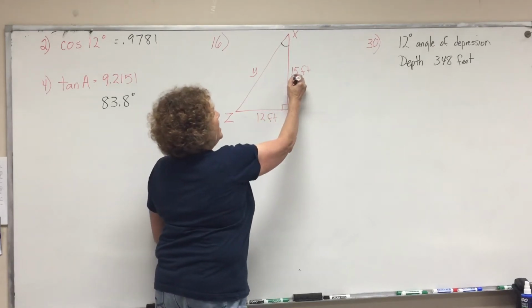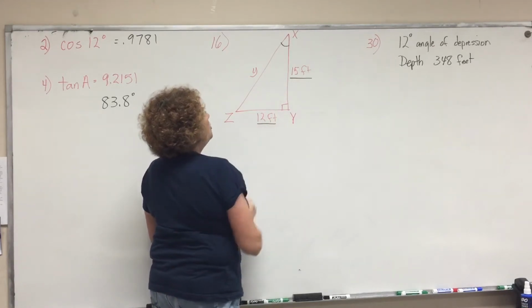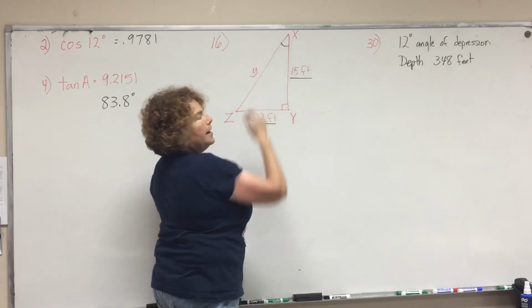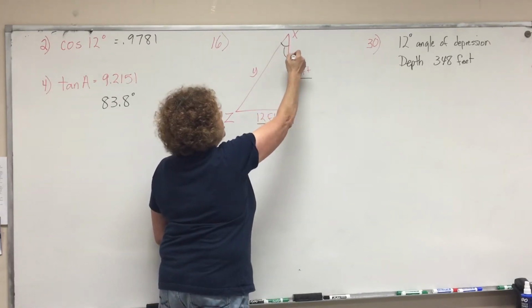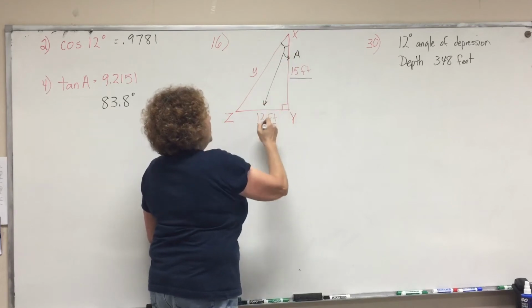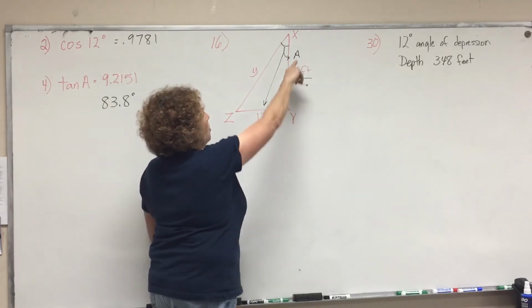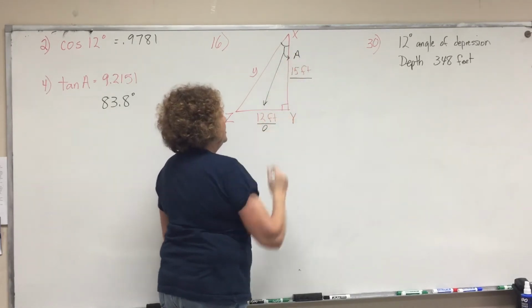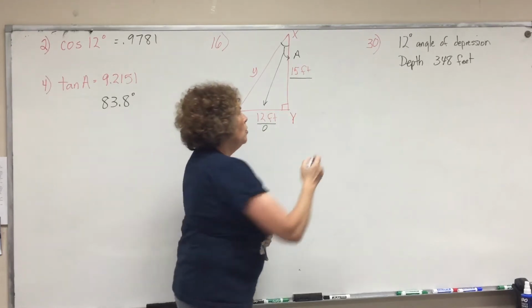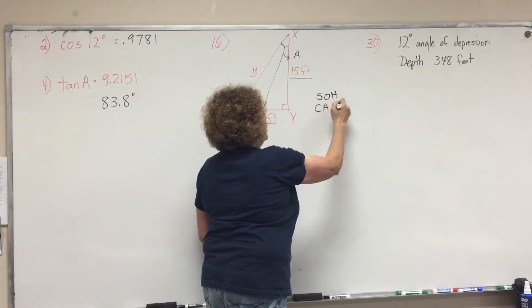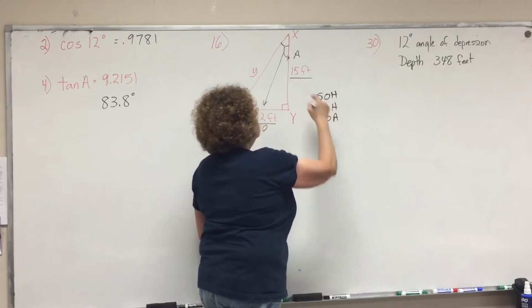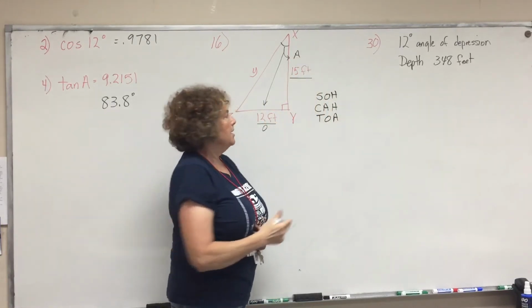Look at what they give you. They give you 15 and 12. So in relation to angle X, they are the side adjacent and the side opposite. So opposite and adjacent. Think to yourself which trigonometric function contains the two that they give you.